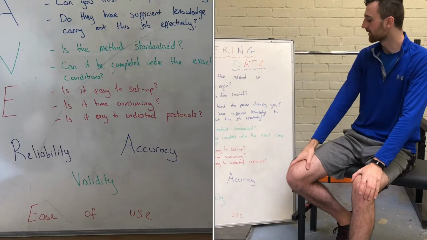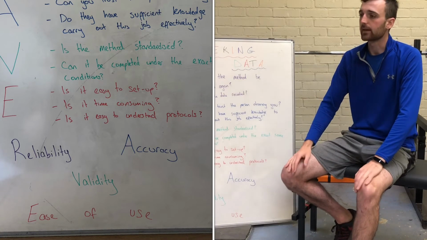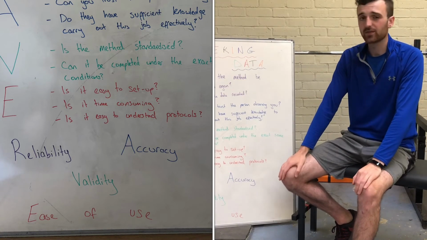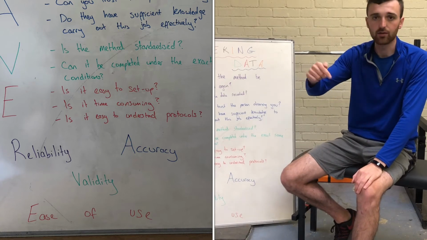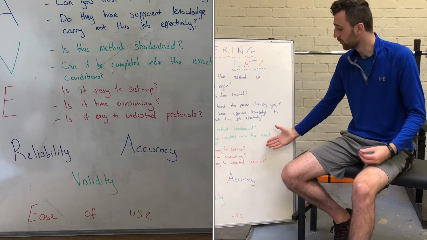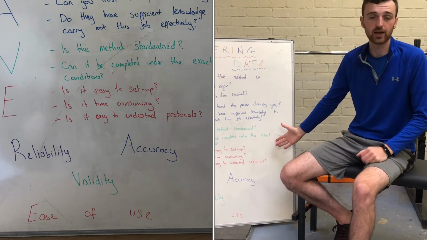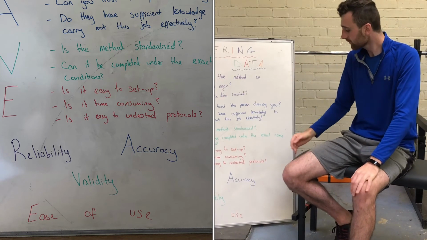E stands for ease of use, so is it easy to set up? For example, with the 12-minute Cooper run, the most difficult thing for us was making sure that we had a track that was the same length, so that when we repeated the test in the future to see if we had improved, we would know if our score actually had improved, because if the track was a different size, we're going to get a different score.